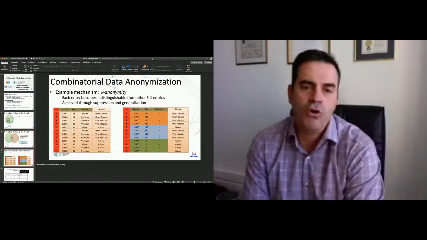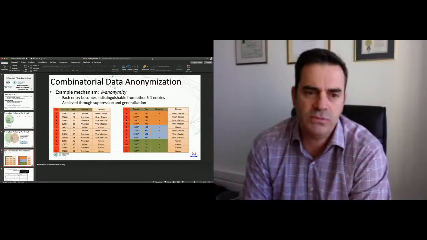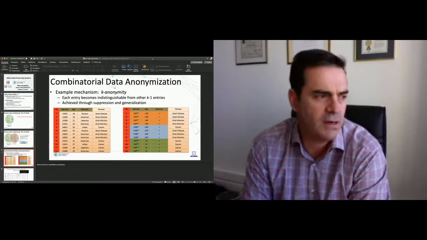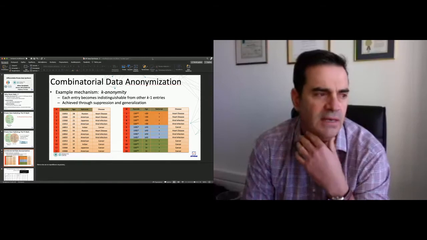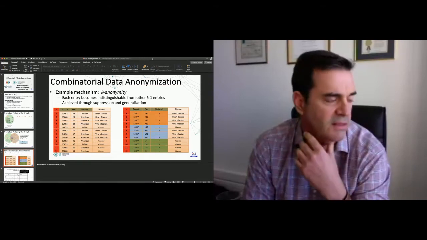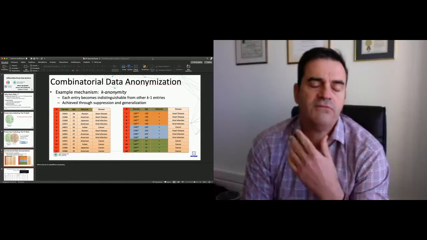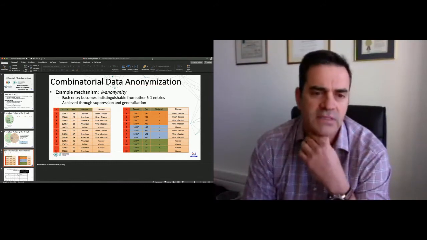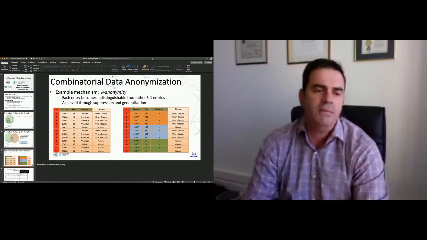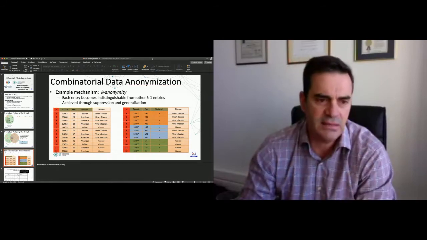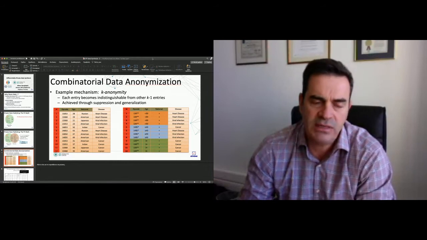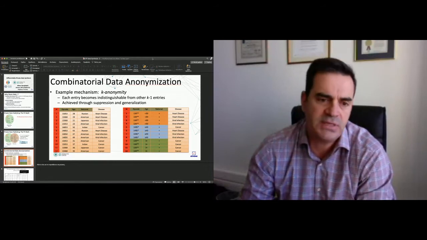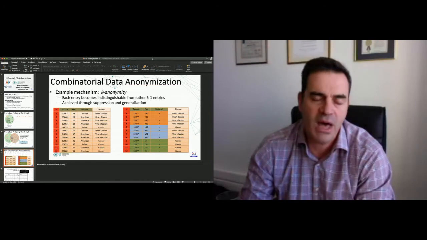one approach that was used to try to mitigate this was various techniques that have been invented for combinatorial data anonymization, which were a very intense topic of research in the early 2000s. One such method that many of you may have heard of is k-anonymity. So what is k-anonymity? The basic idea is you take a data set, and you coarsen and generalize some of the attributes to make sure that every entry becomes indistinguishable from other k-1 entries.